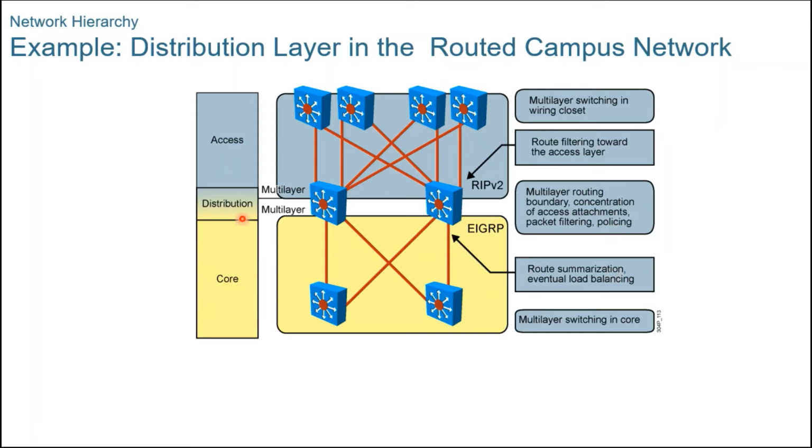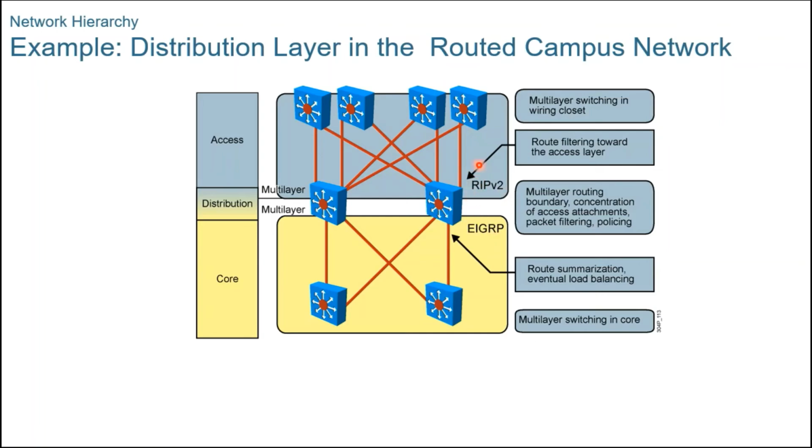The distribution layer performs a two-way route redistribution to exchange the routes between the Routing Information Protocol version 2, which is RIP version 2, and the Enhanced Interior Gateway Routing Protocol, or EIGRP, routing processes. So this could be any routing protocol. It could be OSPF and EIGRP and vice versa.